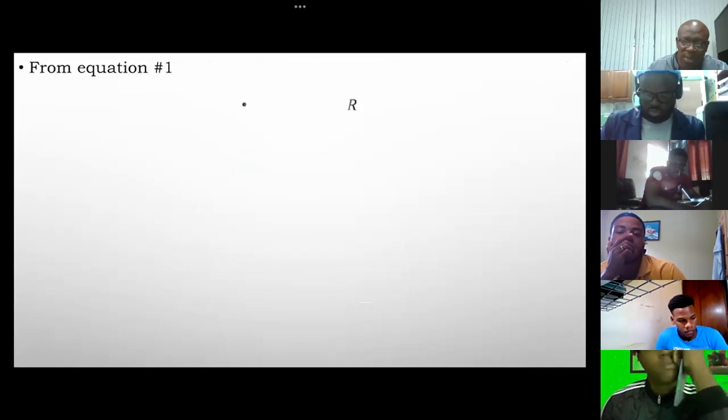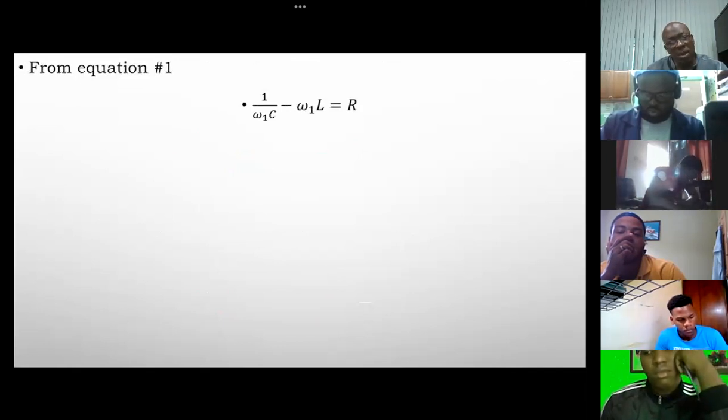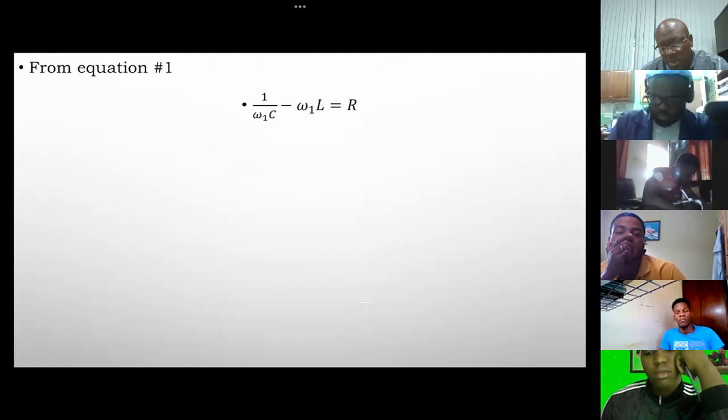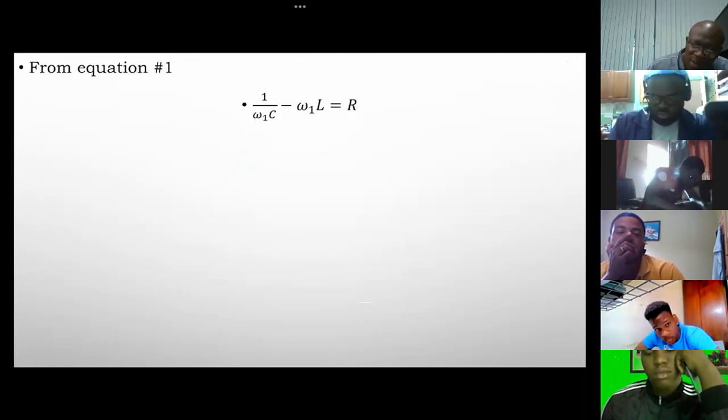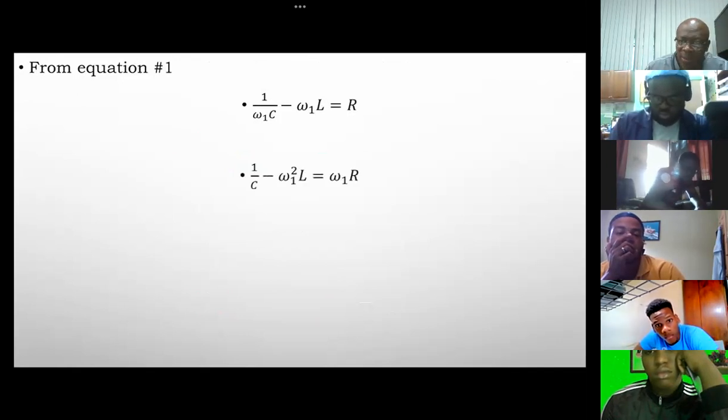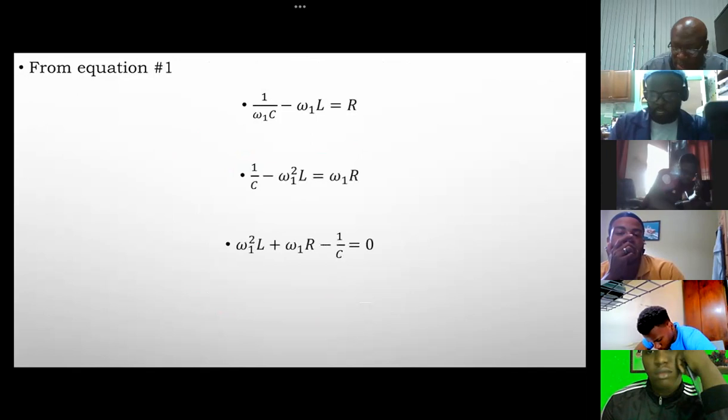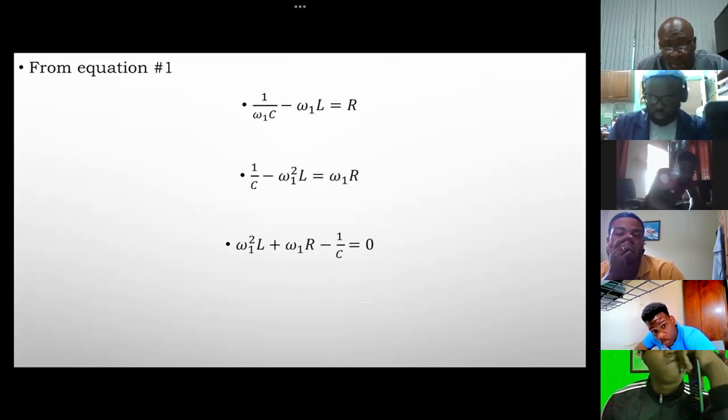So from equation 1, we have XC1, which is 1 over omega 1 C, minus XL1, which is omega 1 L. Right? Multiply through by omega. Rearrange to have everything on one side, bringing everything to the right-hand side.